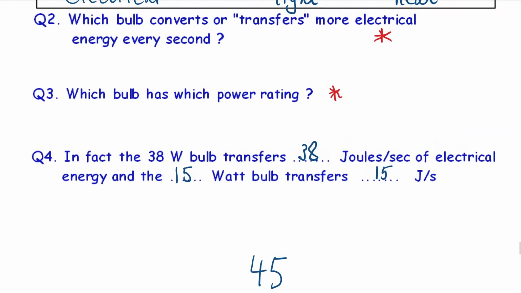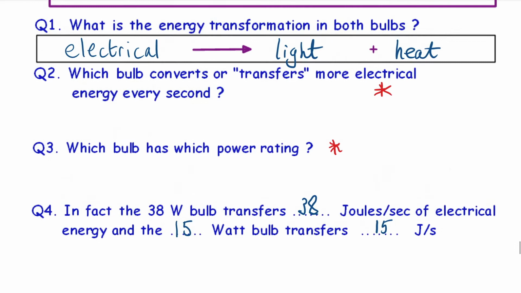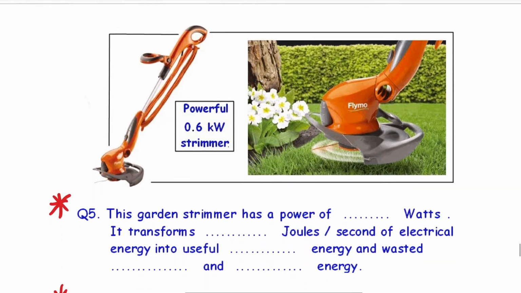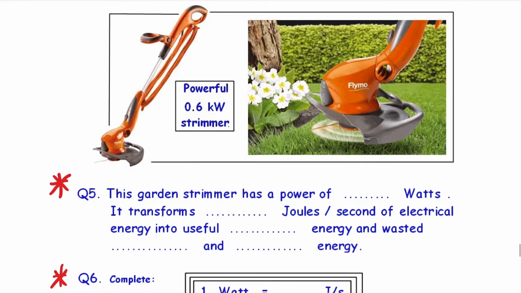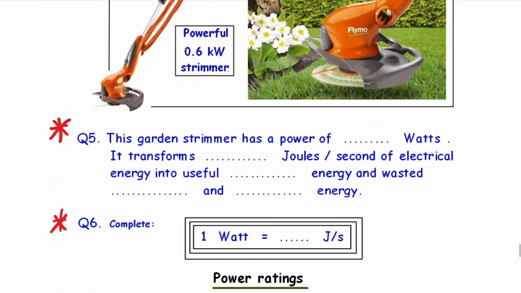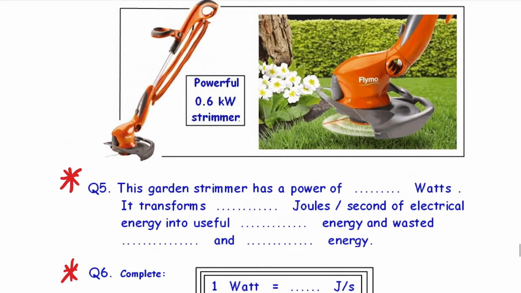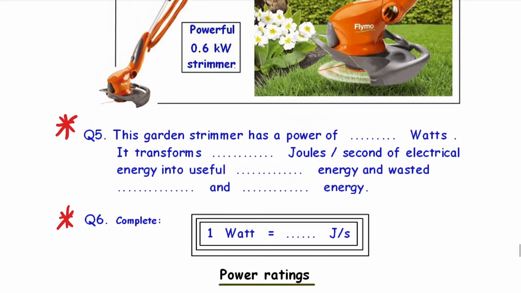Please remember to go back up, and wherever you see the red asterisk, so that's question 2 and 3 in this case, you answer those. Also, I've marked these previously for you to do, question 5 and 6.